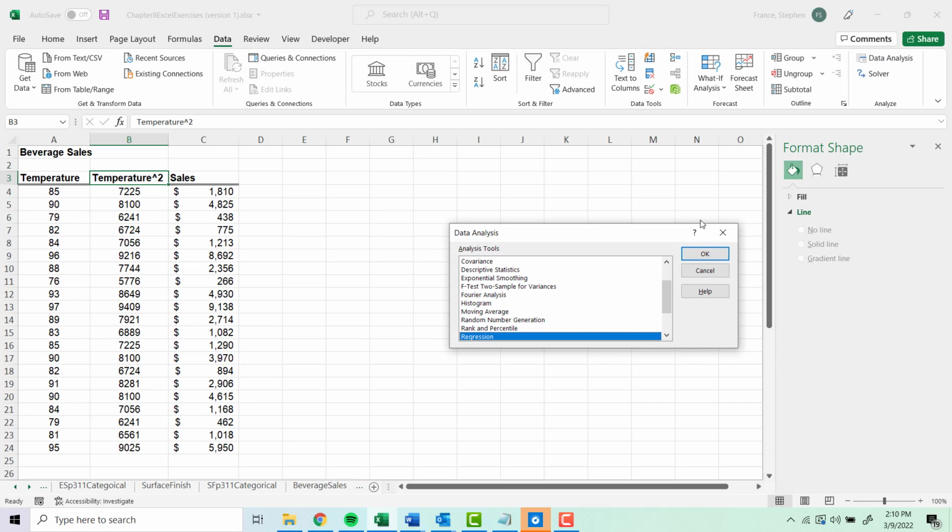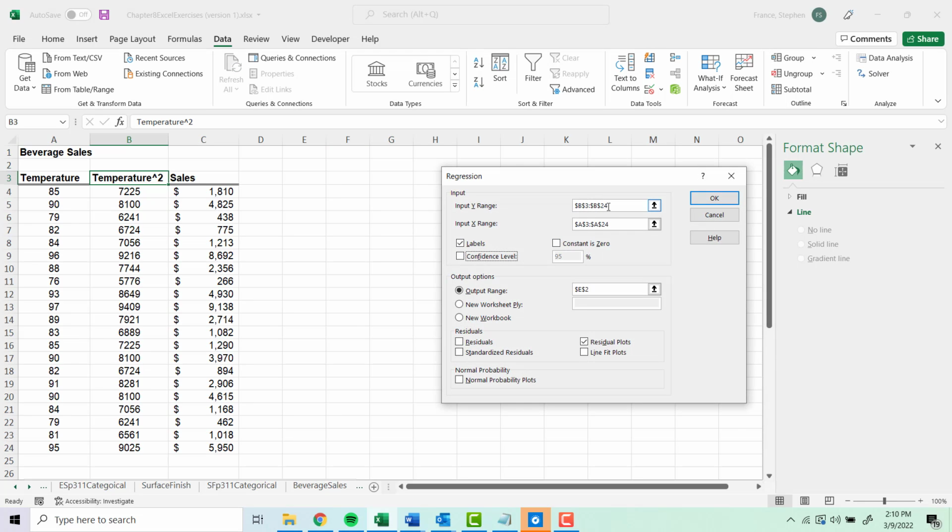So Data Analysis, Regression. The input is going to be A3 to A24, which is correct, and then the sales are going to be in the Y. We'll put the output at E2, which looks okay as a place to put my regression.